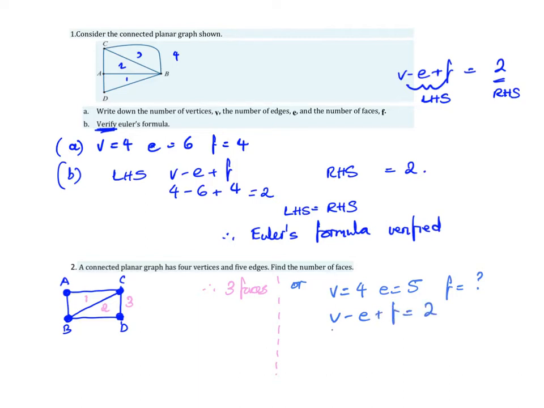So V is 4, E is 5, F is what we're looking for, and that equals 2. 4 take away 5 is -1. And bring that over the other side, and it becomes +1, and so we get 3 faces. So we're getting exactly the same answer. One method uses the diagram or the graph, and the other uses Euler's formula. Both are correct, and both would be acceptable in a test.